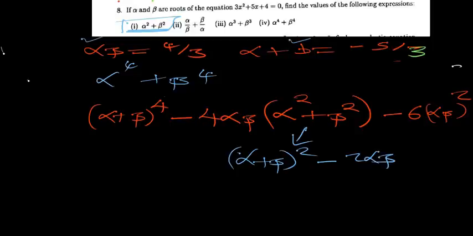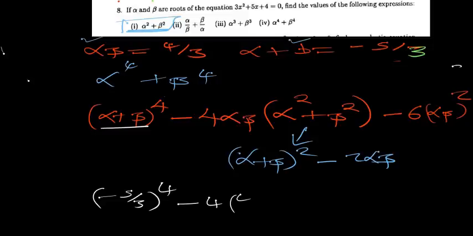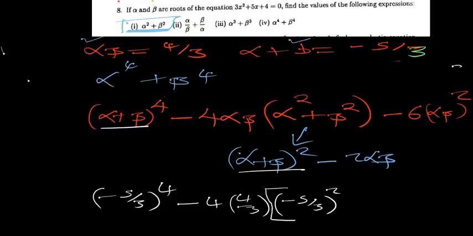So just plug in the values here. Alpha beta is negative 5 over 3, to the power 4, and then alpha by beta is 4 over 3. For the brackets, alpha plus beta, again, it's negative 5 over 3 squared. So I can just put that in brackets, and then minus 2 alpha beta, which is like 4 over 3.